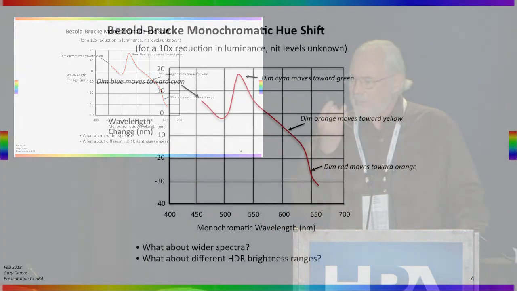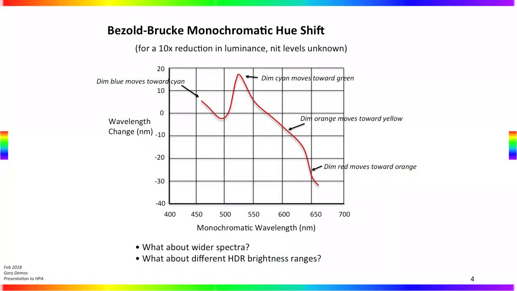So this one's the Bezold-Brücke monochromatic hue shift. If you take a narrow spectra like a laser and you brighten it, you actually change perceived hue, even though the wavelength is not changing.